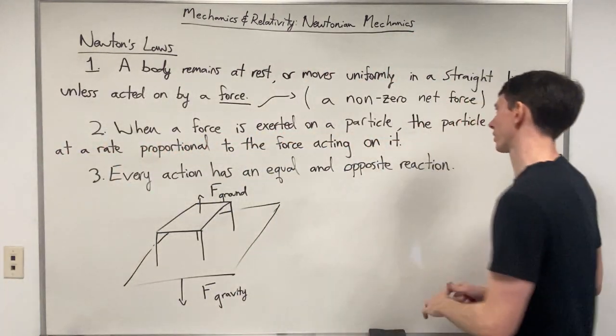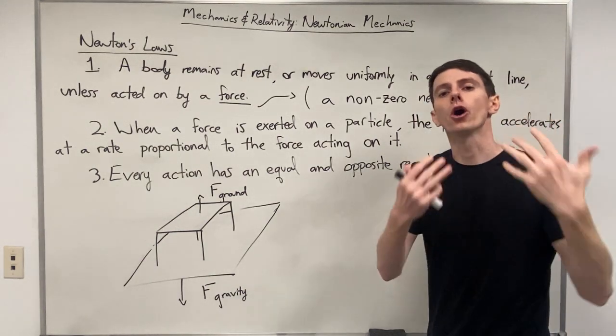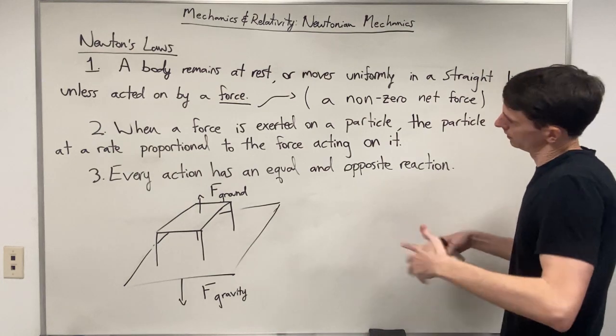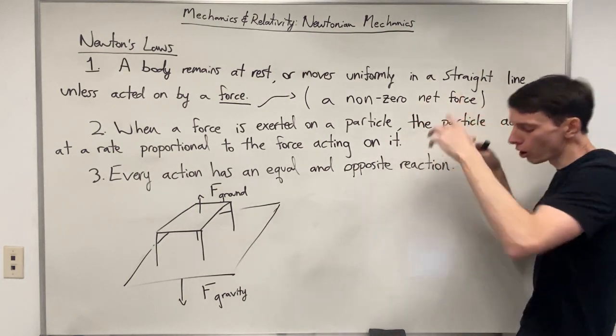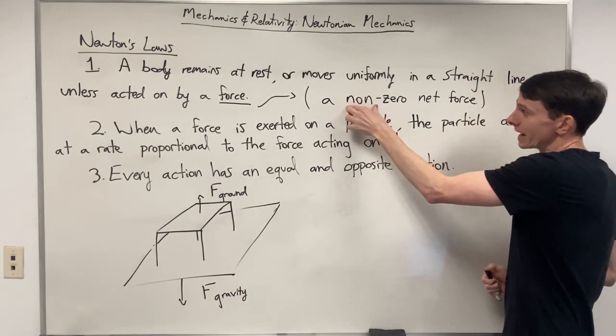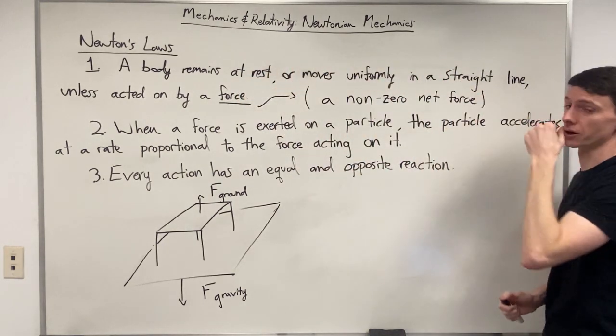The first part of this is the net force. Net in physics is just a way of saying the total force acting on an object. So if the total of all of the forces added up together on an object is not zero, then it's going to deviate from one of these two scenarios.